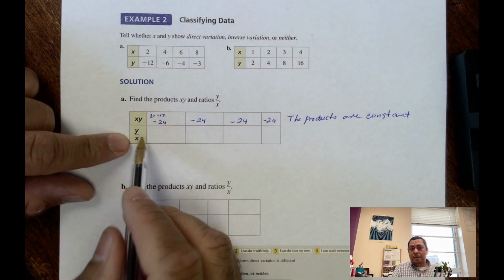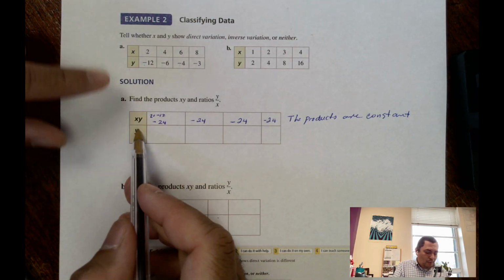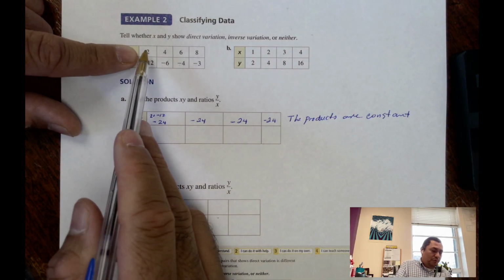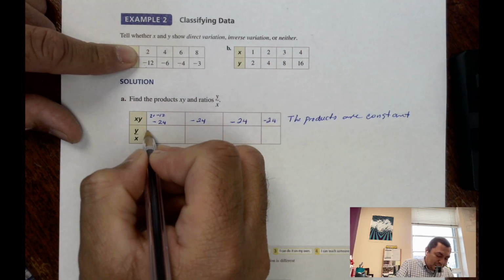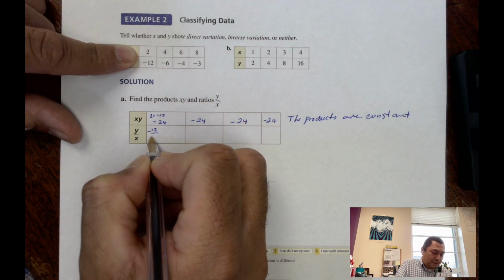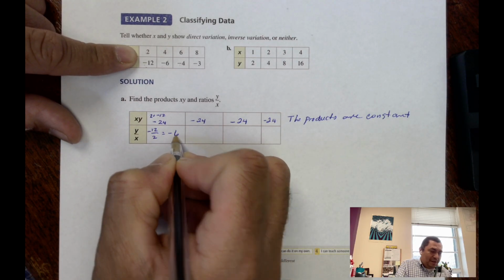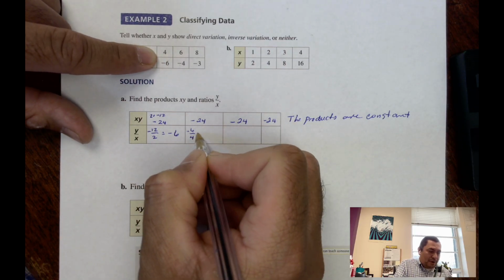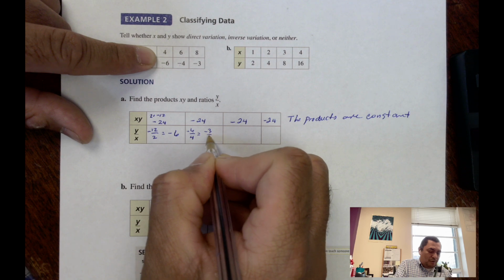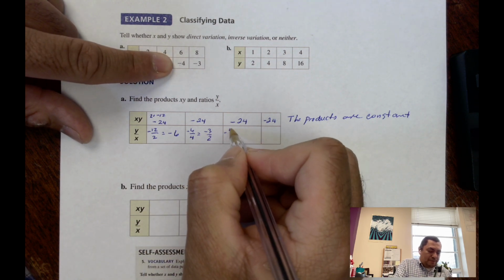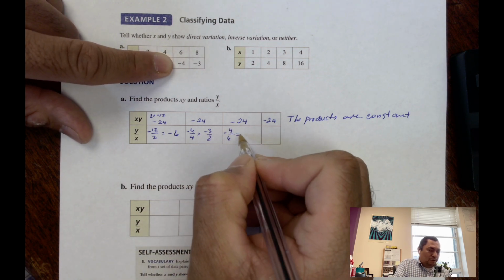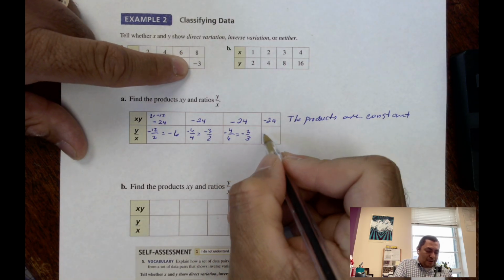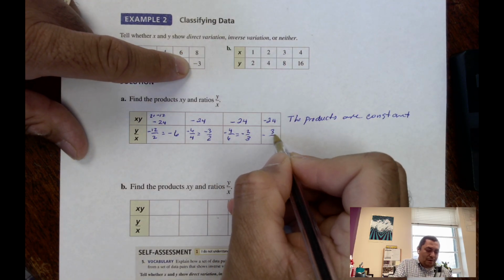Now let's do the ratio, the division, y divided by x. So negative 12 divided by 2, in this case, is negative 6. Then I have negative 6 divided by 4, which is equal to negative 3 over 2. Negative 4 divided by 6 is equal to negative 2 over 3. And the last one is negative 3 over 8.